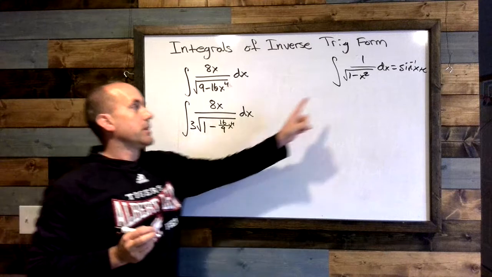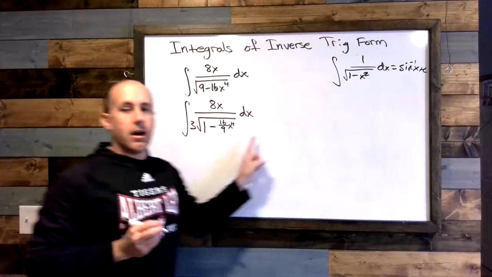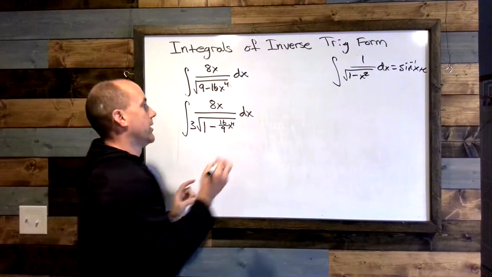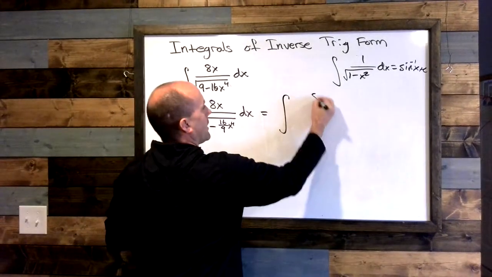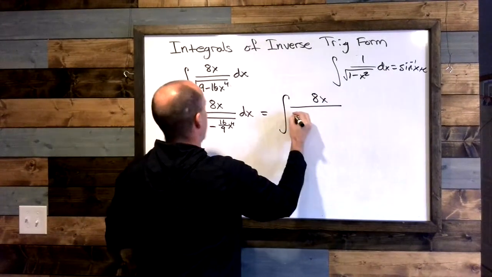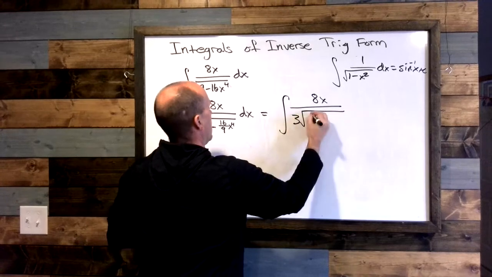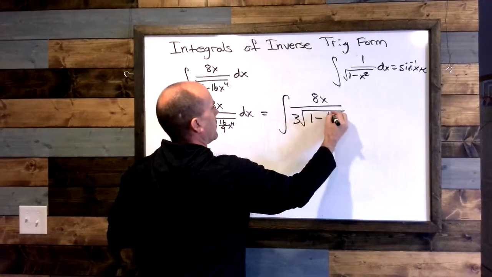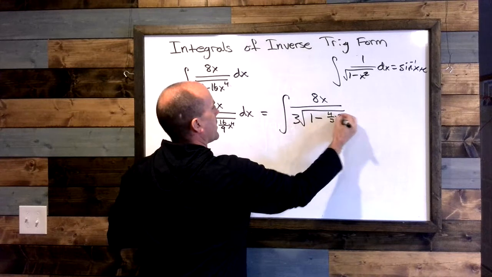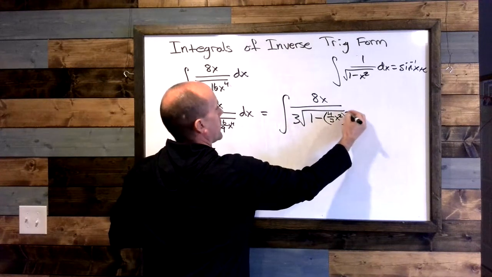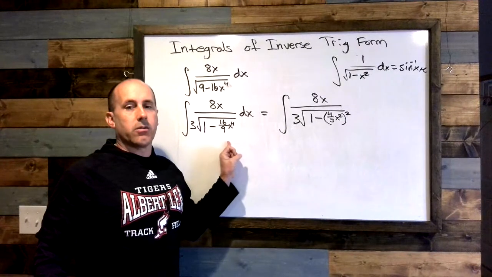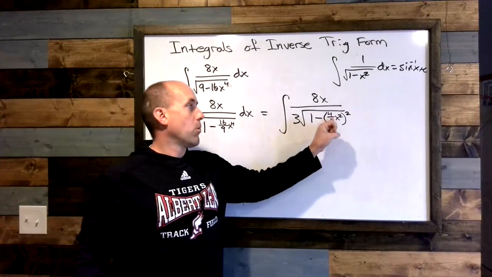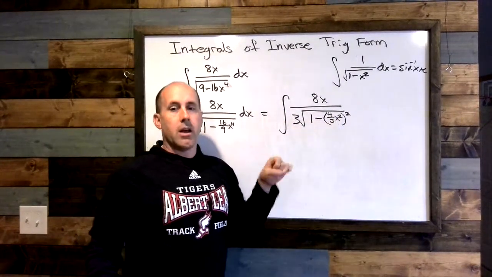Now you also see that it has a perfect square. This is a perfect square. So therefore, I have the integral of 8x over 3 roots of 1 minus (4/3 x squared) squared. So what do you multiply by itself to get 16 over 9 x to the fourth? You multiply 4 over 3 x squared.